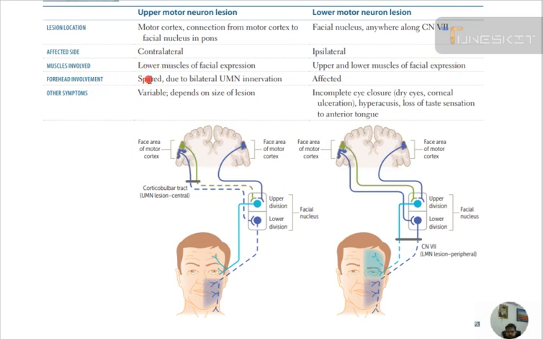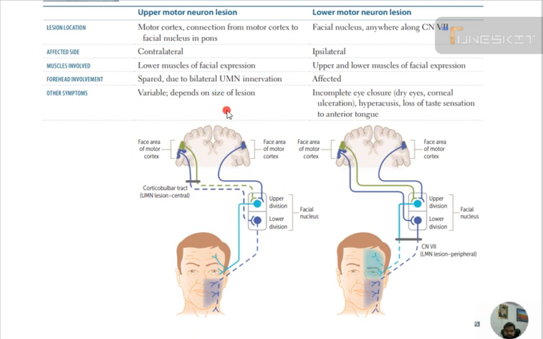Forehead involvement is spared in upper motor neuron lesion due to bilateral upper motor neuron innervation, and in lower motor neuron it is affected. Other symptoms vary depending on the size of the lesion: incomplete eye closure, dry eye, corneal ulceration, hyperacusis, loss of taste sensation to the anterior tongue. So these are the common symptoms involved.